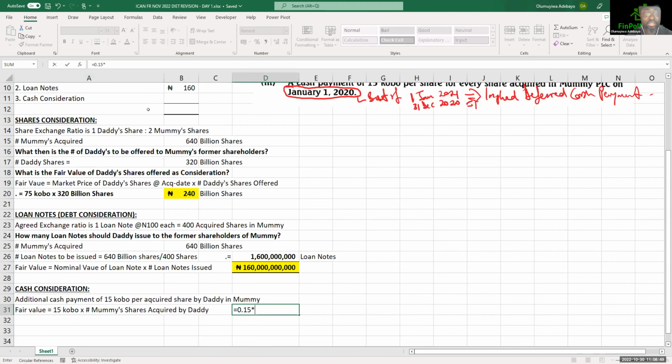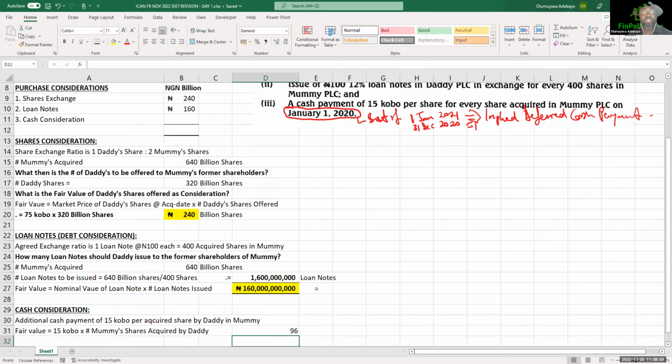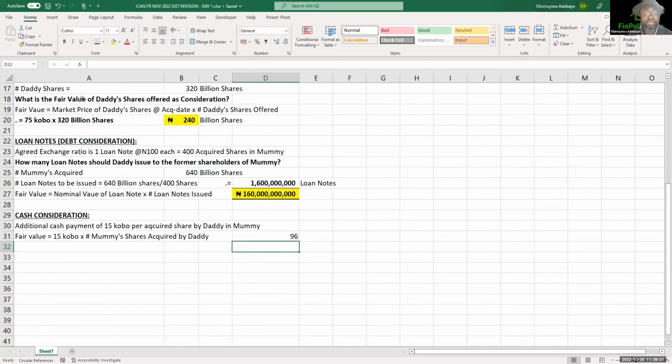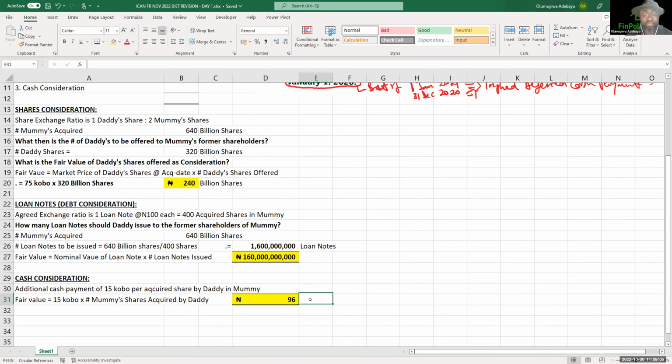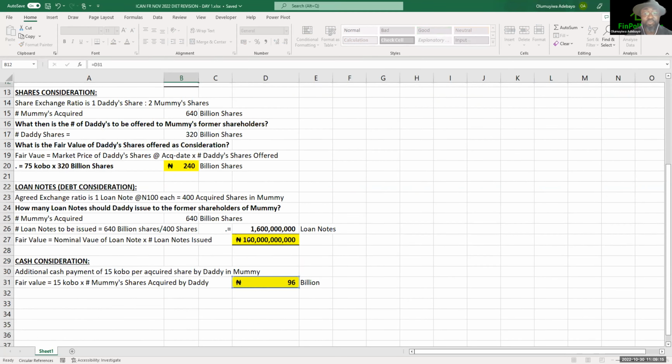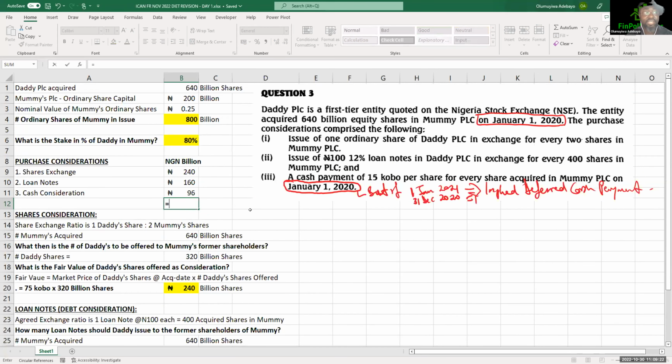Remember, 640. And that gives us 96 million. Do we agree? If I come here, 96. What's the total now? The total consideration upon acquisition is 496.